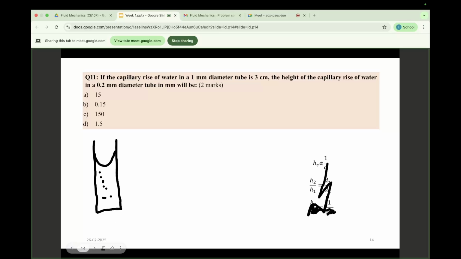Here there is liquid, all these things represent the liquid. What is happening here is that in capillary action, say this is the surface tension force. The surface tension force will act this way, and it should be balanced with the weight of the fluid, this weight I am talking about.